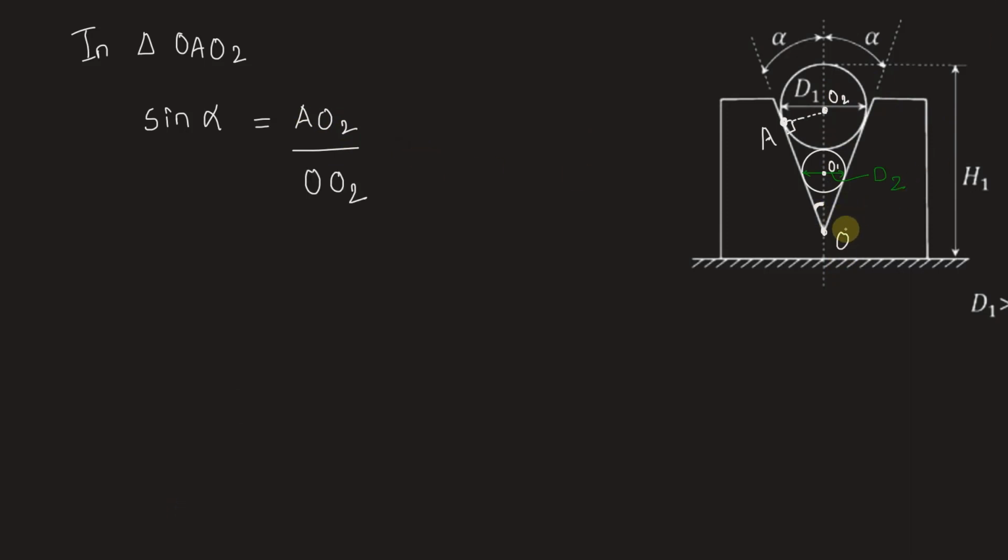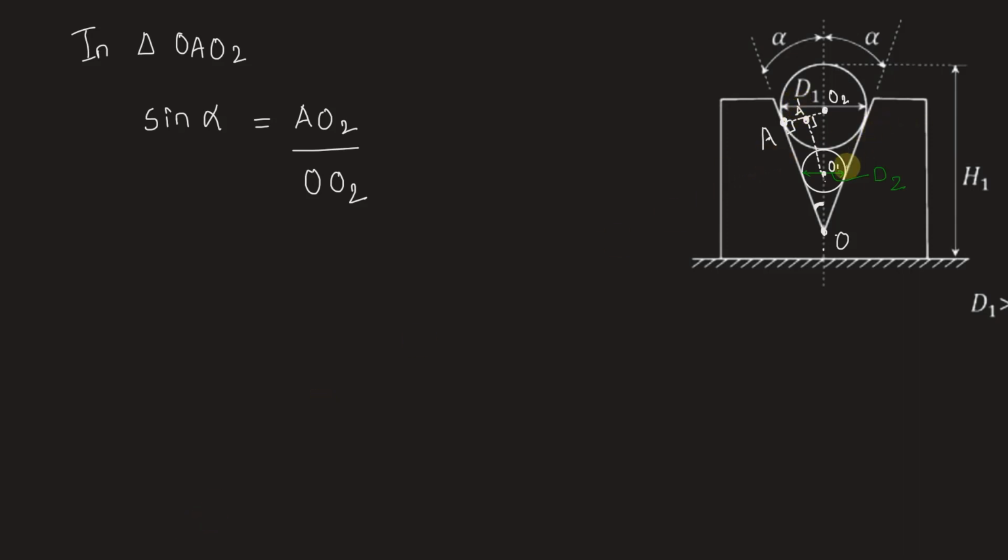But calculating OO2 is difficult because calculating OO1 is basically difficult. We only know the radius of this roller. We don't know this particular distance. So what we can do is draw a line parallel to this OA from point O1 so that we obtain this triangle, which is also a right angle triangle. Let this point be A dash.